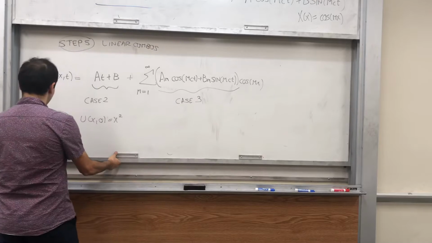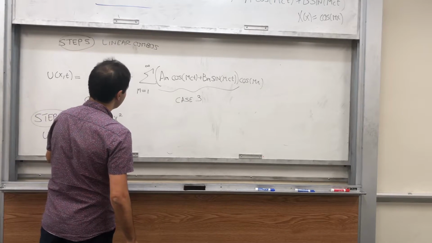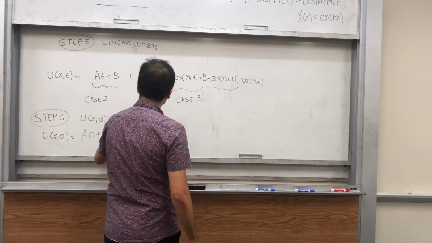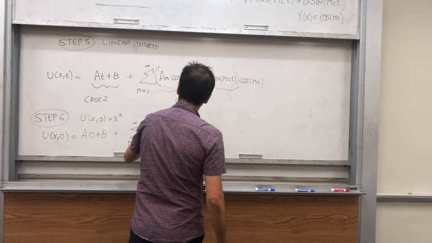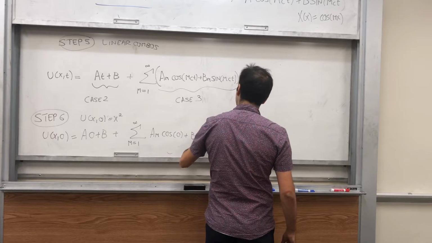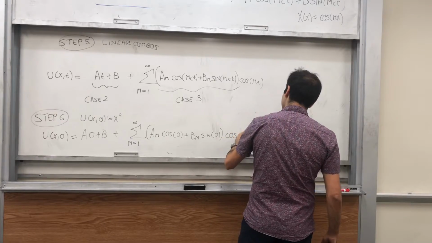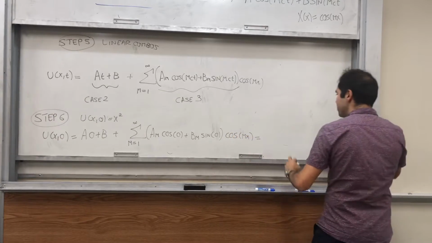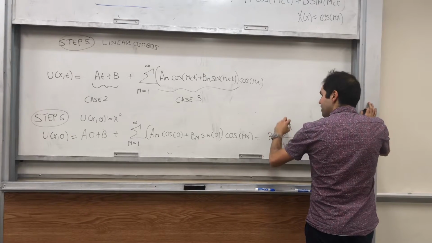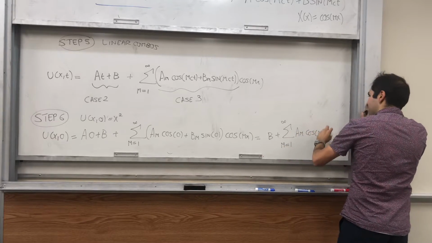So u(x,0) equals a_0 plus b, and then plus the sum from m from 1 to infinity of a_m cosine 0 plus b_m sine of 0 times cosine mx. And what this becomes is b plus the sum from 1 to infinity of a_m cosine mx.